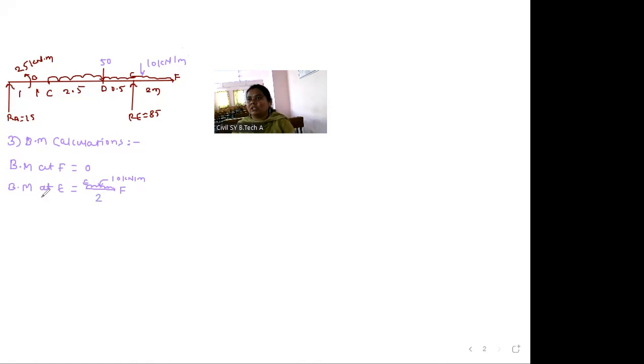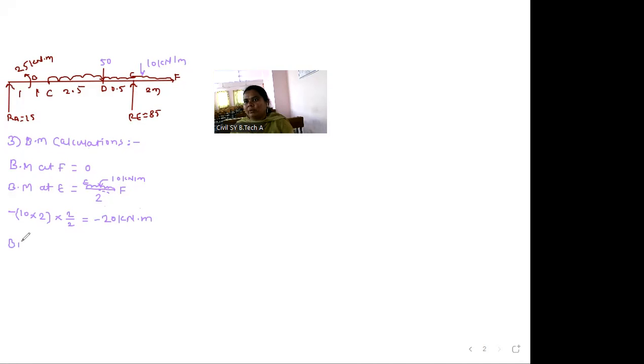So according to this pushes downward, that means negative hogging type of nature will be there. So minus 10 into 2. This is UDL to point load, and after that it will act 2 by 2, which is equal to minus 20 kilonewton meter.